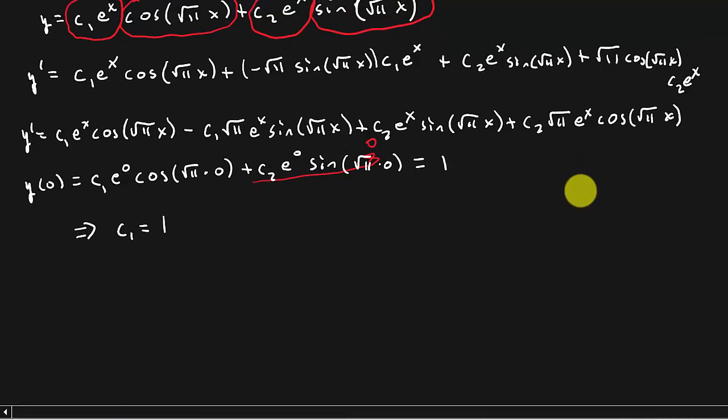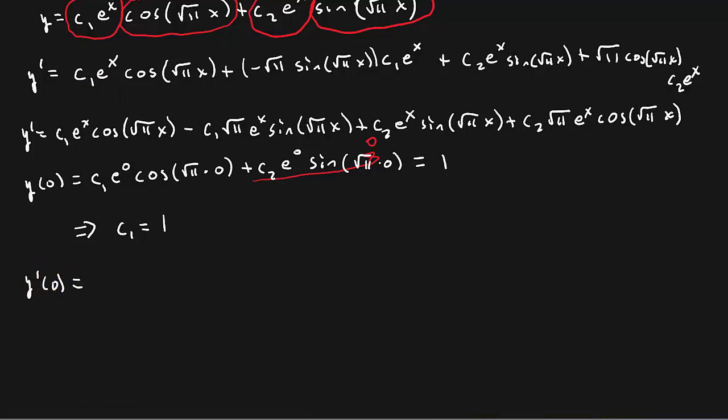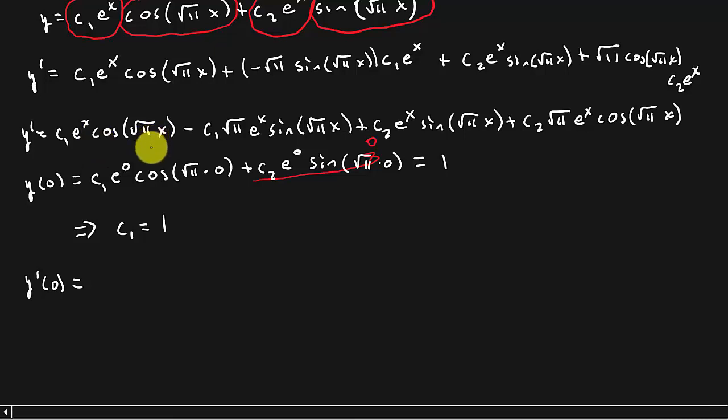So that wasn't bad. So now we have to solve this one. We've got to plug the 0 into here. So we've got y prime of 0. Let's plug the 0 into here, but keep in mind C1 is 1. So we're going to replace this with a 1, and we're going to replace this one with a 1.